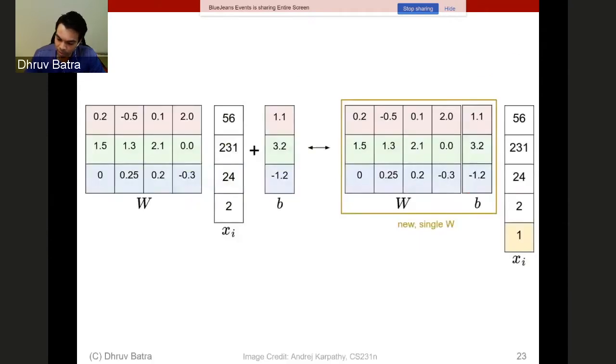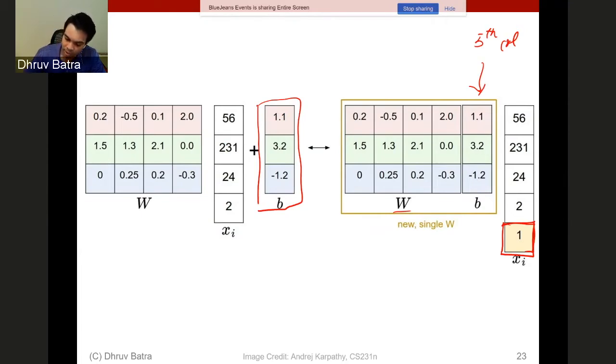There's a quick side note that this vector B can in fact be incorporated as an additional column, the 5th column of W, by just adding another dimension to X. This is a fairly common trick. If you've taken a machine learning class, you've probably seen this in SVM or logistic regression lectures.